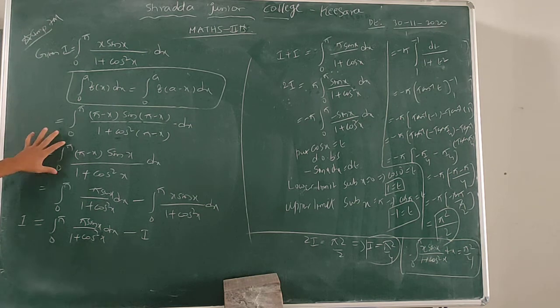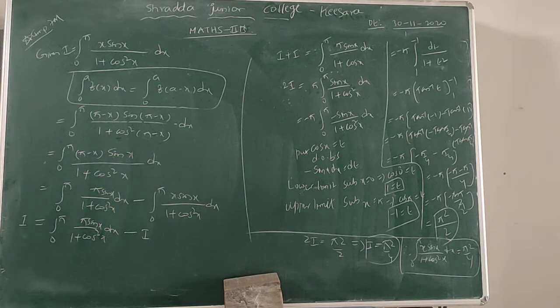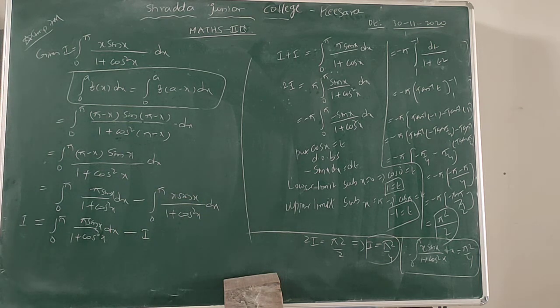Now sine 180 minus theta is nothing but sine theta, and cos 180 minus theta is nothing but minus cos theta, so cos square x. Then it is integration 0 to pi pi sin x by 1 plus cos square x dx minus integration 0 to pi x sin x by 1 plus cos square x dx.